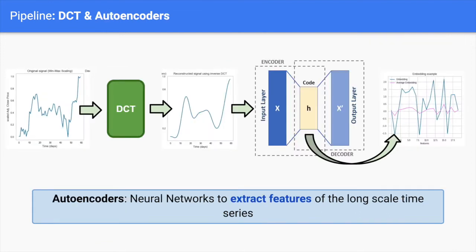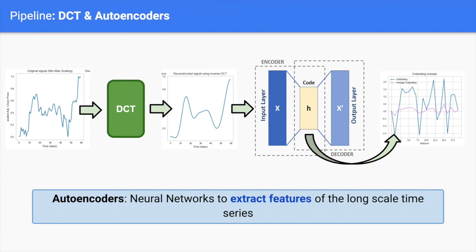Thanks, Kassie. So quickly, autoencoders are neural networks trained to learn the input by reducing the inner dimension. Here we use them to extract features of the long-term scale time series. If we look at the pipeline, we first smooth the signal using DCT. Then we train and extract features using the autoencoders.